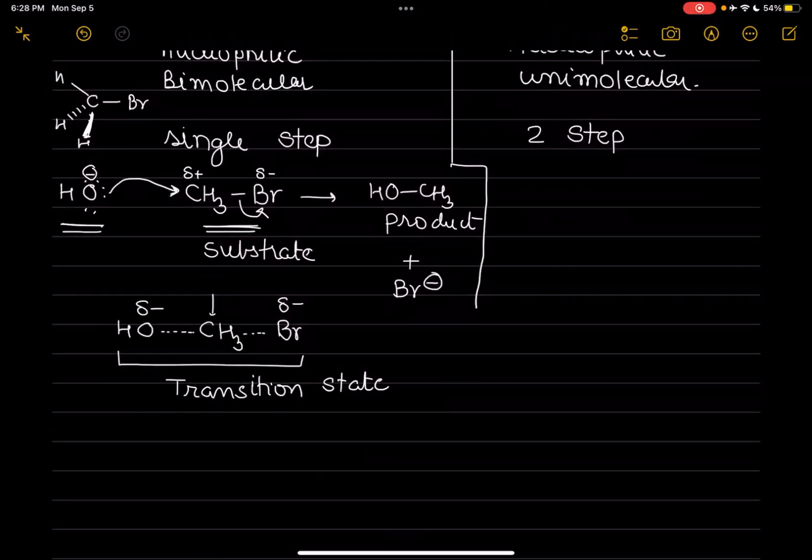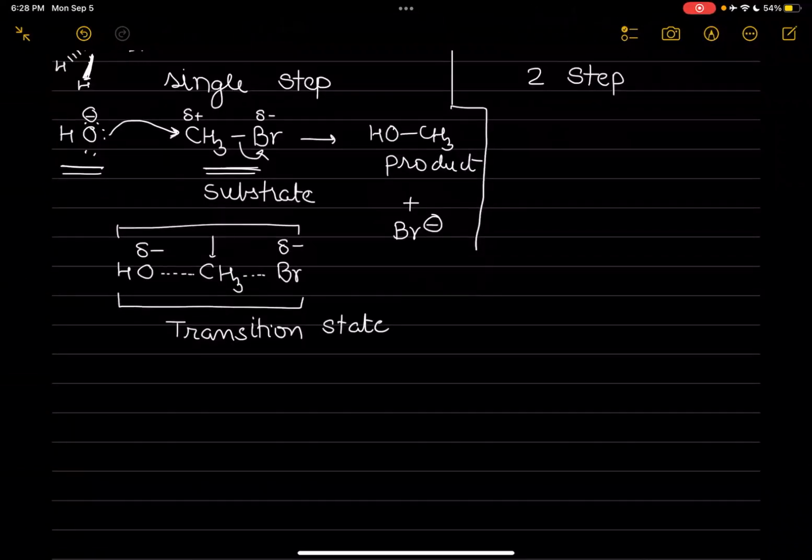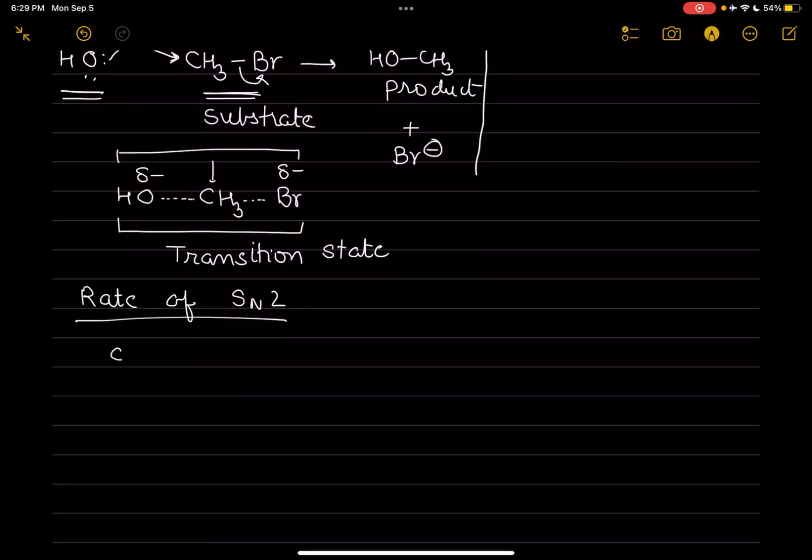So actually, when the nucleophile is coming and trying to join itself, a lot of crowding is there on this carbon atom. Okay, there are 5 groups. So if you compare the speed of SN2, or I call it the rate of SN2, it is going to be the fastest on CH3.